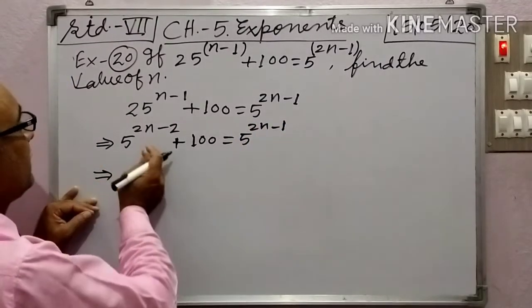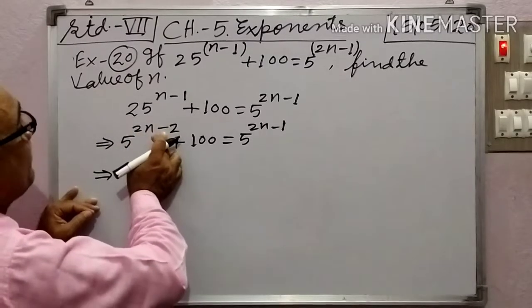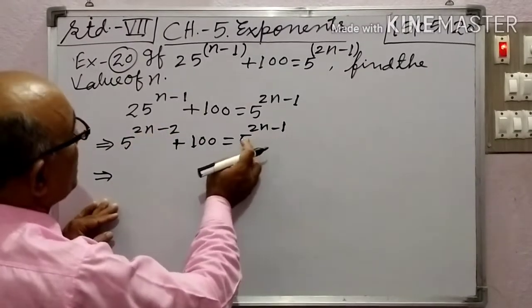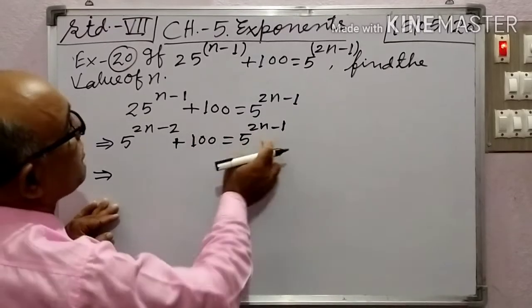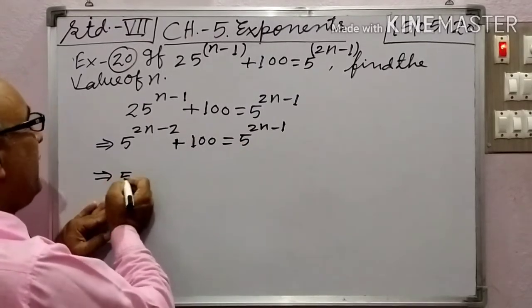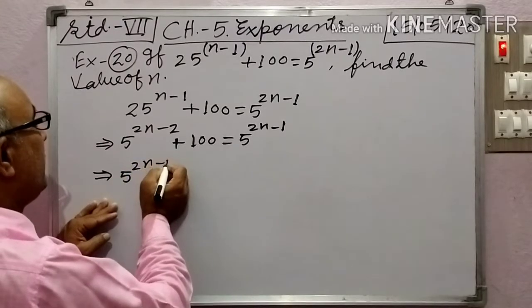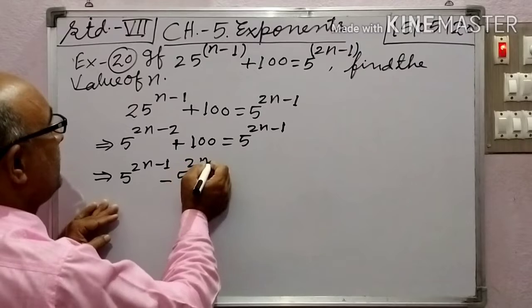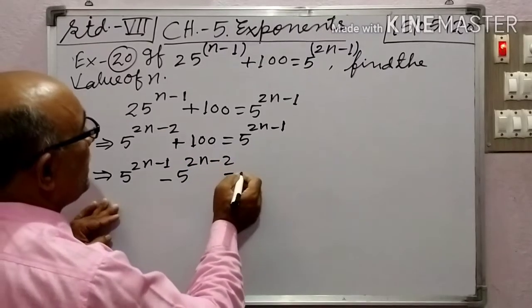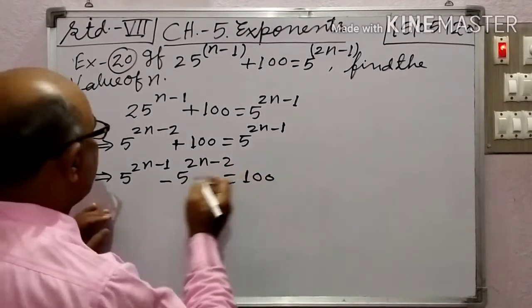Next step is transposition. By transposition, change left side to right side. So write 5 to the power 2n minus 1 minus 5 to the power 2n minus 2 equals 100.